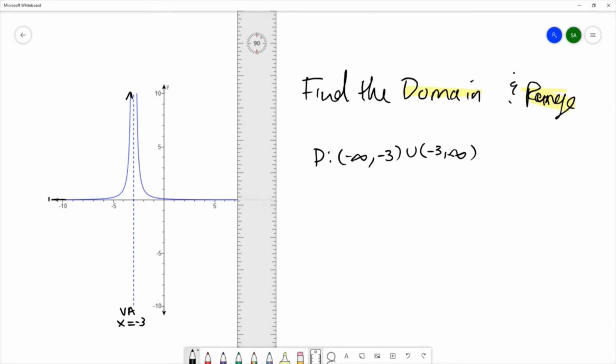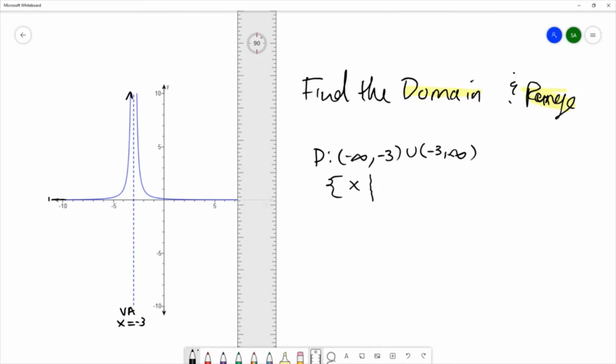Now this is the domain written in interval notation, -infinity to -3, union with -3 to infinity. There's another way to write domain, and it's called set builder notation. And in set builder notation, we use curly braces. We state the name of the variable, in this case x, and then we draw this vertical line.